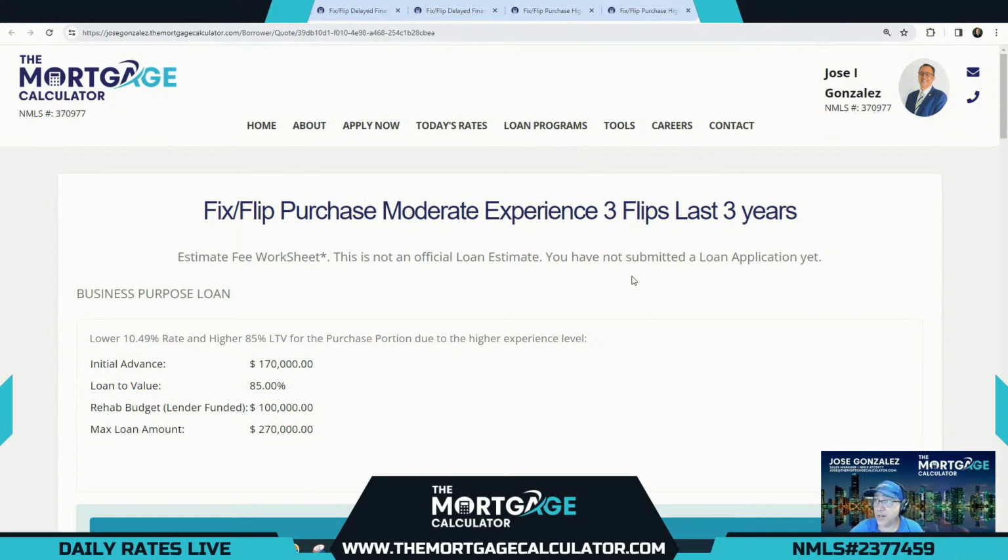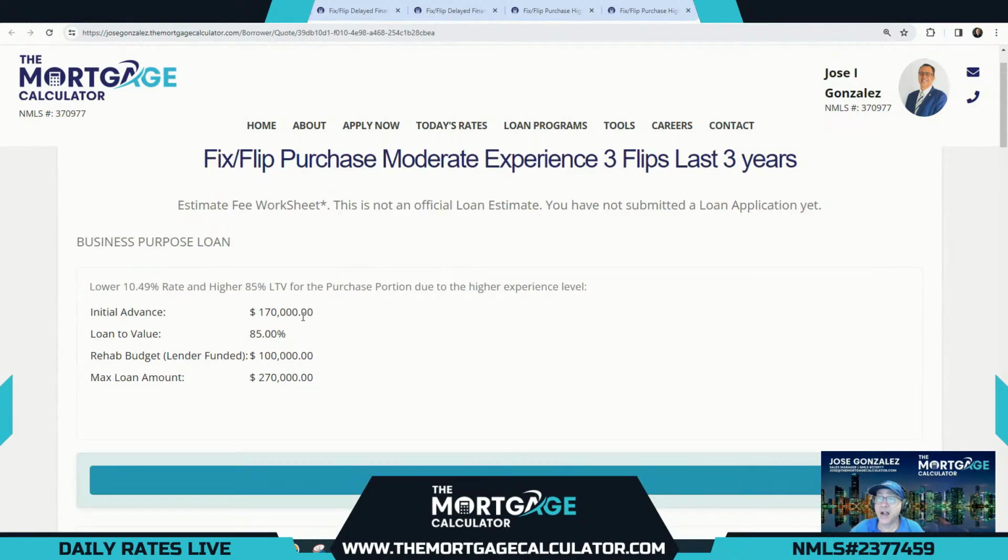So here, 3+ flips in the last 3 years. Notice that our initial advance on this same deal now increases from $150,000 to $170,000, and our loan to value on the initial distribution, the initial purchase of the asset, increases to 85%. So now on that $200,000 purchase of this dilapidated property that they're gonna polish it and turn that coal into diamond, our loan to value now increases to 85%.